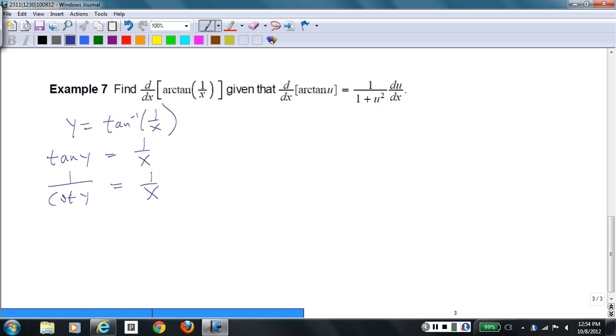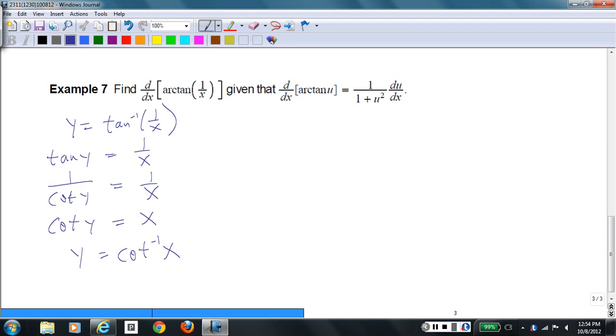When you reciprocate both sides, the cotangent of y equals x, but that means that y then is equal to the arc cotangent or inverse cotangent of x. So if we find dy dx here, what we ought to get is -1 times 1 over 1 plus x squared.